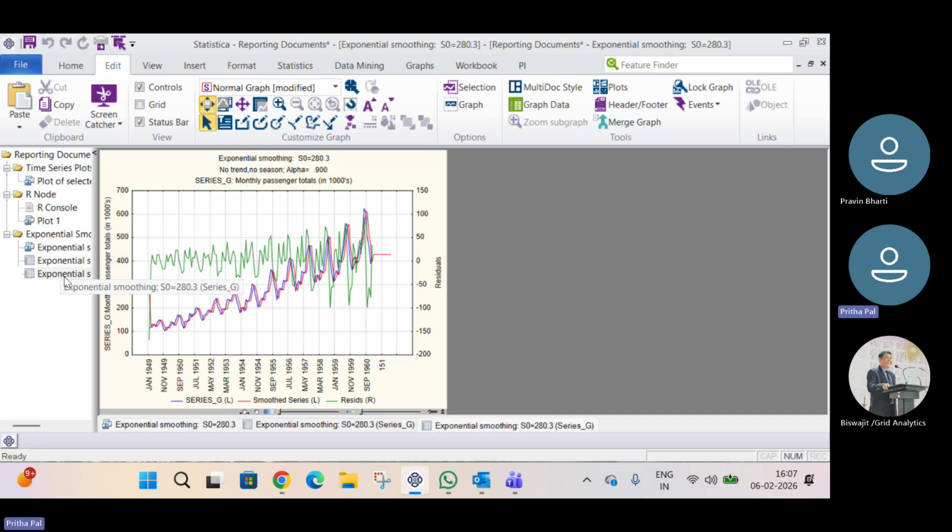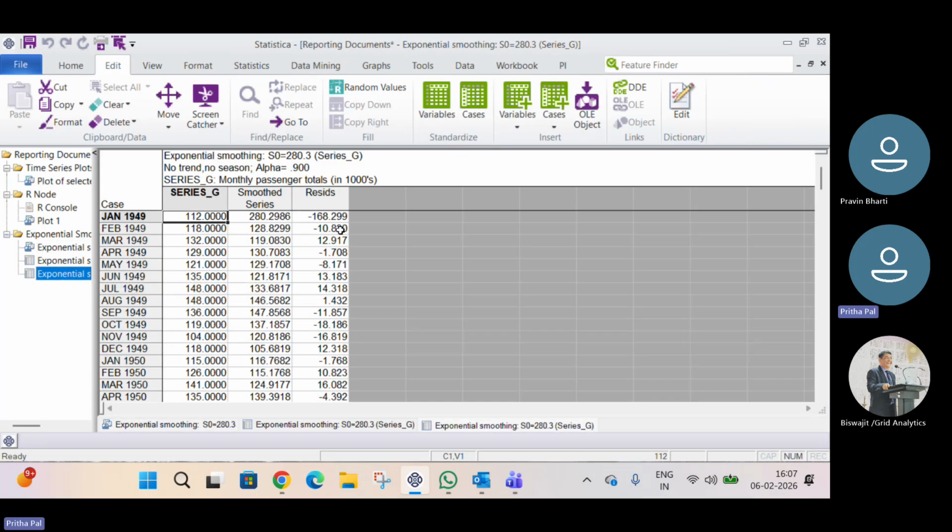Next, if we look at the spreadsheet, we can see that for each case, like from January 1949, we have the observed series observation, and next is the value of the time series data after smoothing. And on the right hand side is the residual, that is observed minus predicted value. Here smooth series is the value after exponential smoothing.